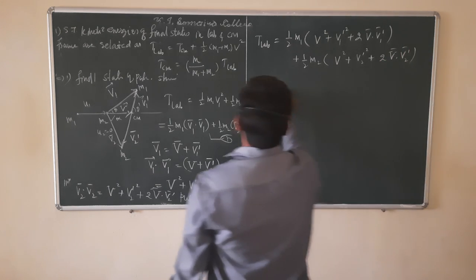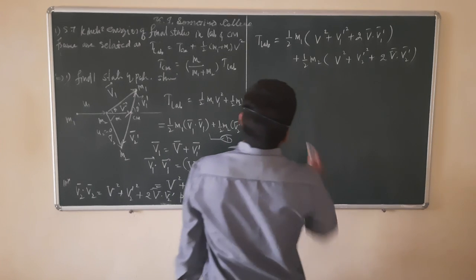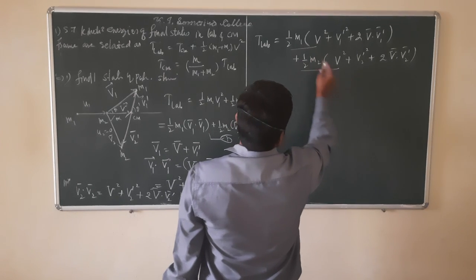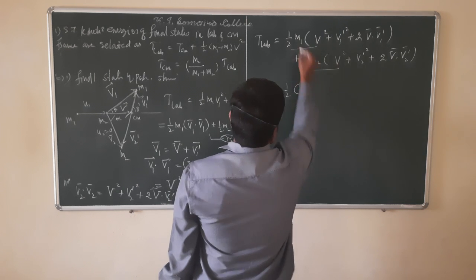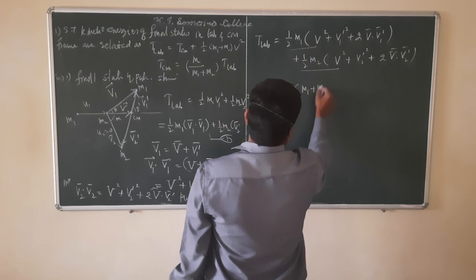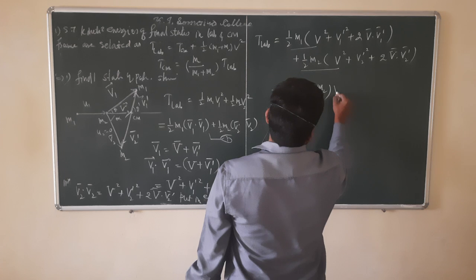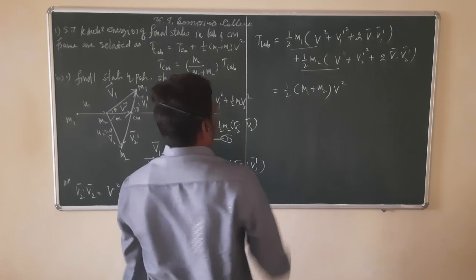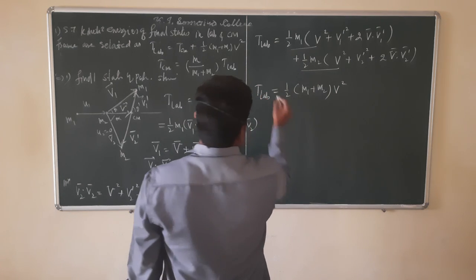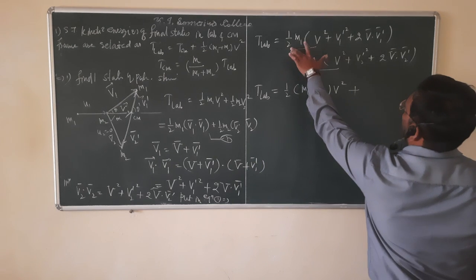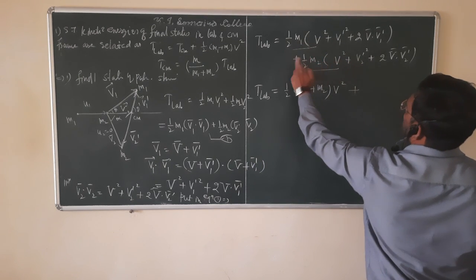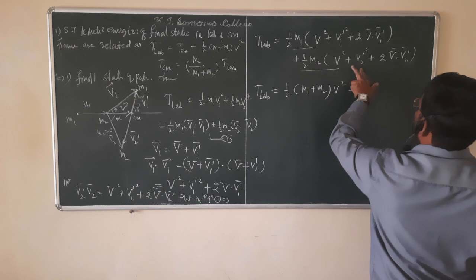Now here you can take 1/2 common from both, m1 plus m2, and capital V square. So T lab is equal to that plus the next term, 1/2 m1 v1 dash square plus 1/2 m2 v2 dash square.